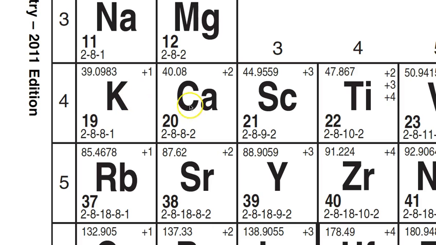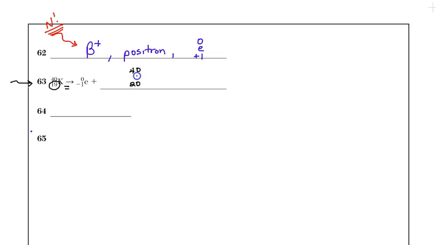So K becomes calcium, atomic number 20. It's calcium. So Ca goes here. So 40, calcium 20. That's what you need in that box there. Very simple question, and another question that has nothing really to do with the blurb above.